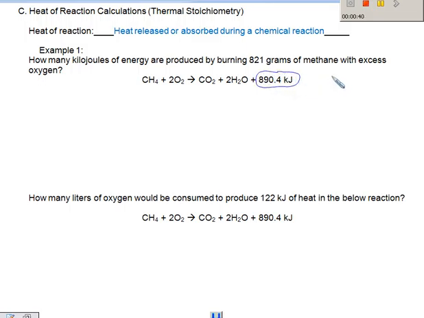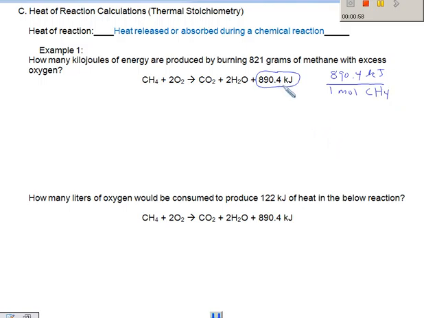What this 890.4 kilojoules tells us is that 890.4 kilojoules is produced for every 1 mole of CH4. That's methane, natural gas.